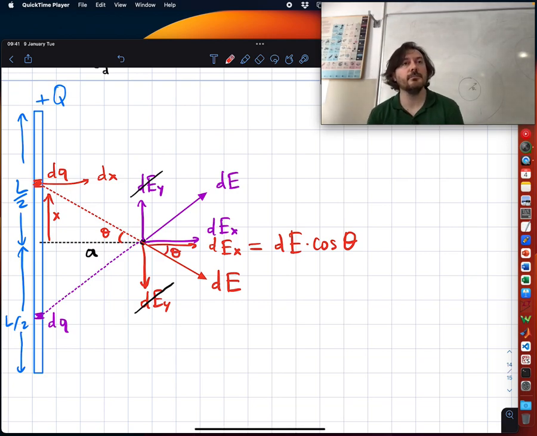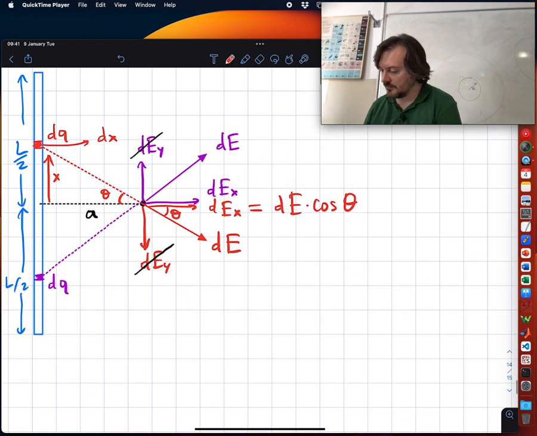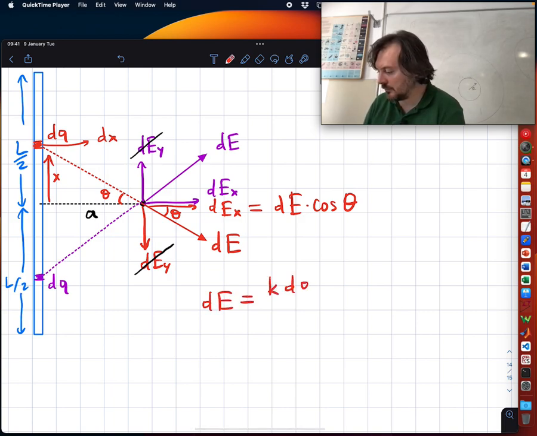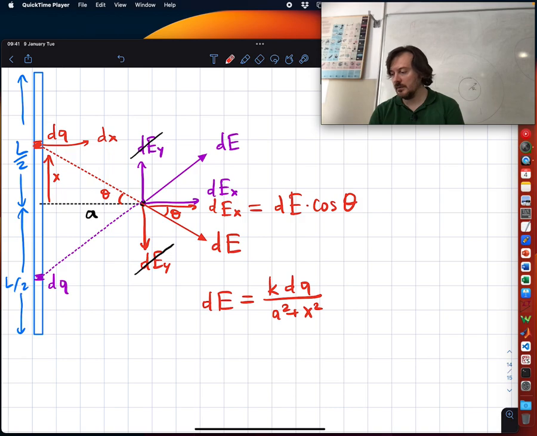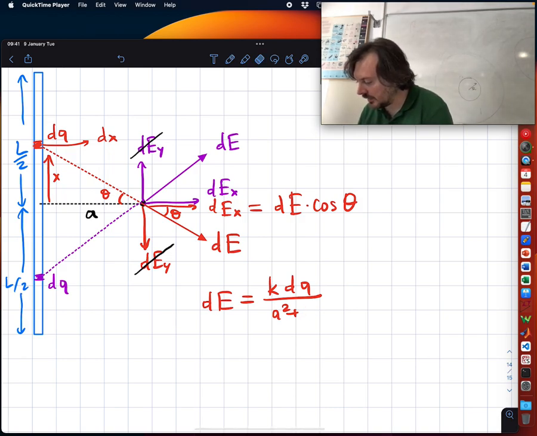So far, so good? Yes? So what is dE? dE is k dq over a squared plus y squared. Can I change this x to y? I'm very, very sorry.